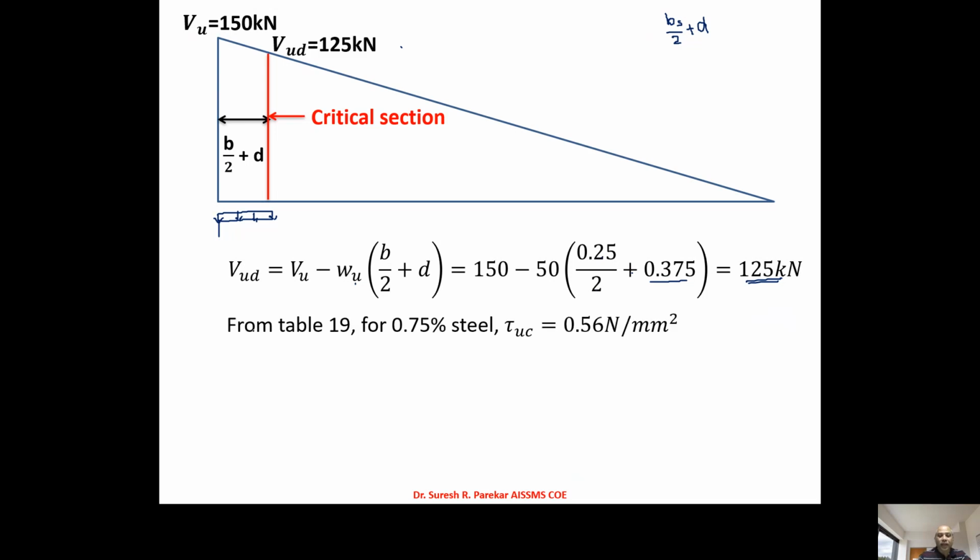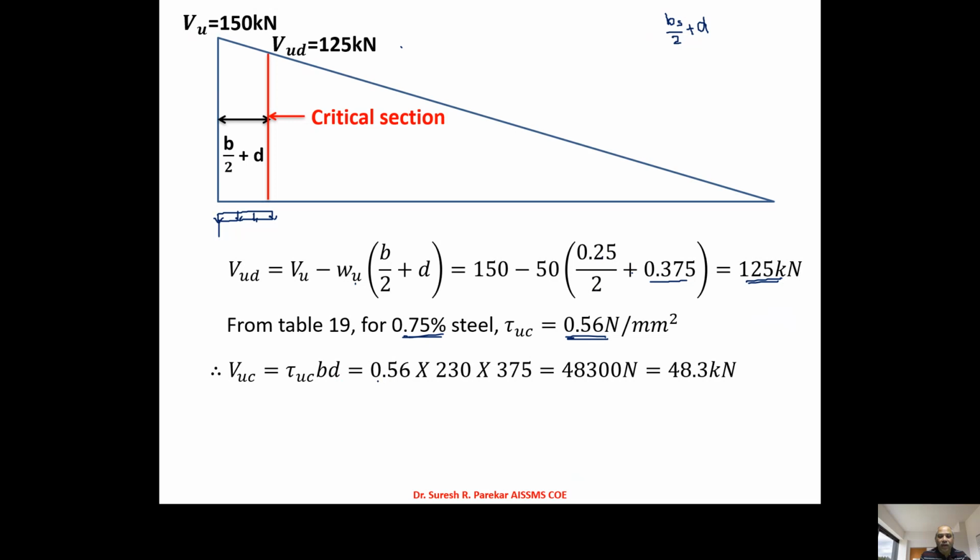Now we have Table 19, in which tau uc values are given. We have percentage of steel as 0.75%, from which we will get the value of tau uc as 0.56 Newton per mm square. Now Vuc we will get as tau uc into b into d.